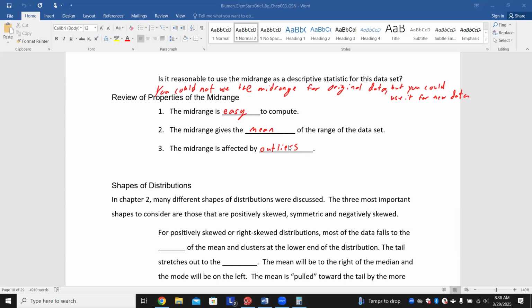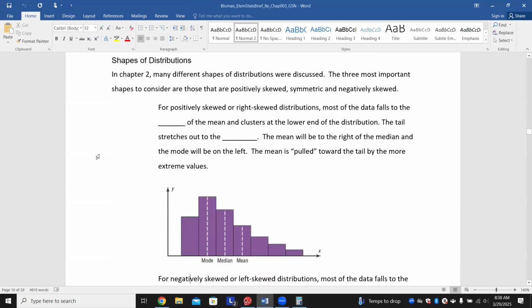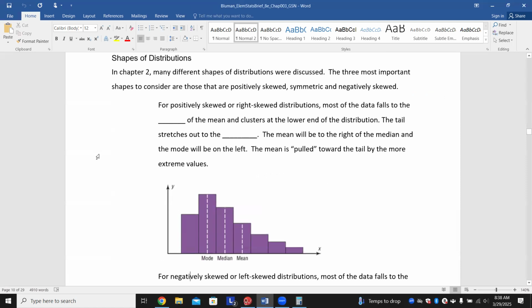All right, so let's talk about shapes of distributions now. In chapter 2, many different shapes of distributions were discussed. The 3 most important shapes to consider are those that are positively skewed, symmetric, and negatively skewed.